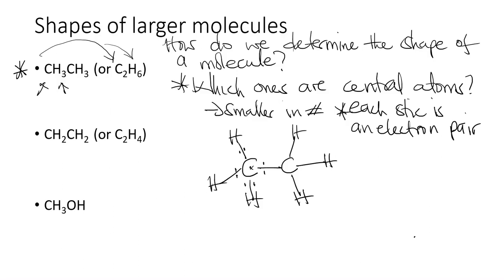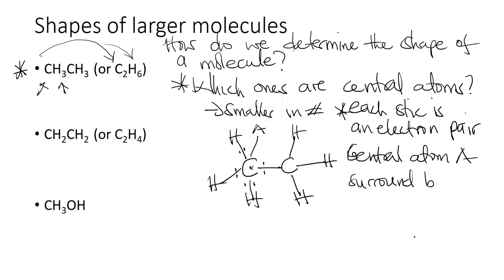So central atom A is surrounded by 4 groups of electrons.